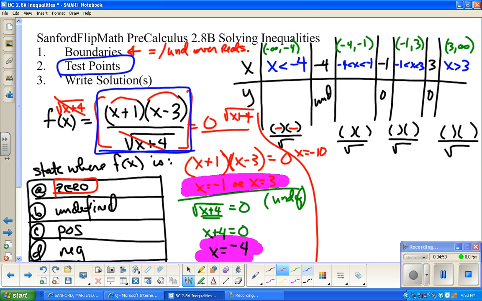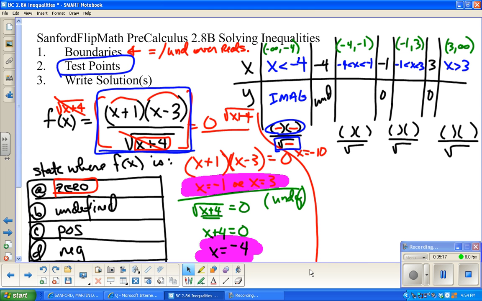And then -10 plus 4 is also negative. Now I want to deal with this right now: the square root of a negative is imaginary. And if I do a positive divided by imaginary, it ends up being imaginary. Okay, so that establishes what's going on there.